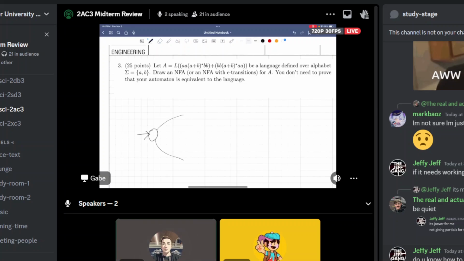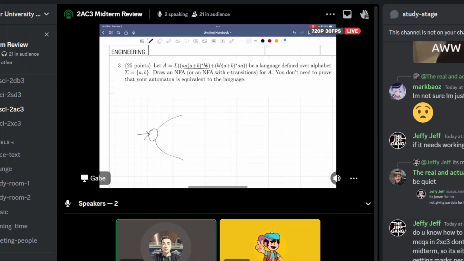I'm just gonna do the first one here, and I'm gonna read from left to right. Here we want to accept an A followed by another A, and then we want to accept the (A plus B) star. That means we want to accept as many repetitions of A and B as possible, whether it be 0 times or an infinite amount of times.